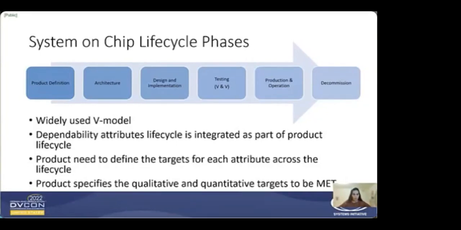There could be quality targets, there could be reliability targets, and there will be maintainability, as in how do we repair, what is our ability to repair, and how many times do we need to repair. So within a product, we have multiple life cycle phases for the SOC.